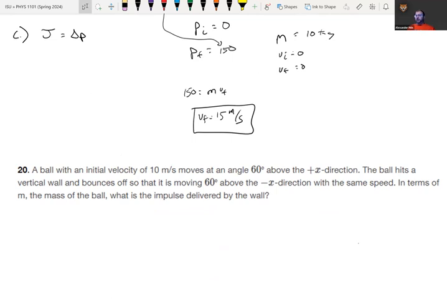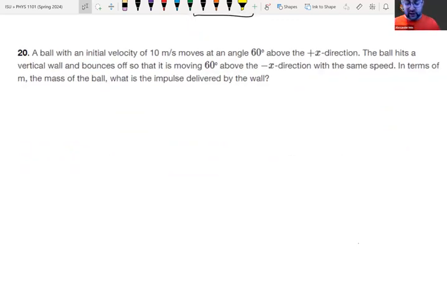I'm not going to do that because, like I say, the math just kind of gets nasty. But I do want to show you this one just so you can see what goes on here. So basically what we have here is a ball. I'll draw the picture.